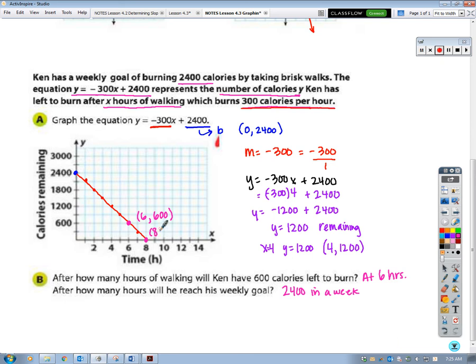So at 8 hours, calories remaining is 0, right? And we just followed that down here to our 0 point, 8 hours. So 2,400 calories in a week will be burned after 8 hours of walking.